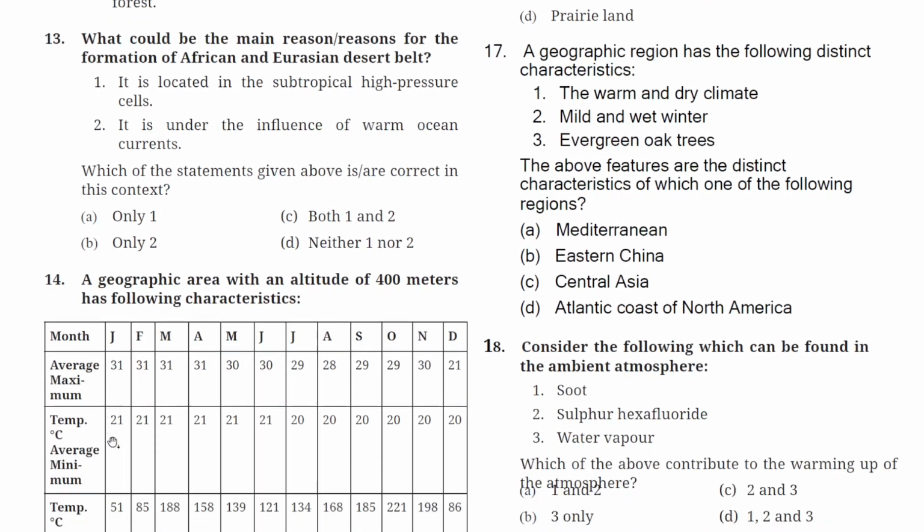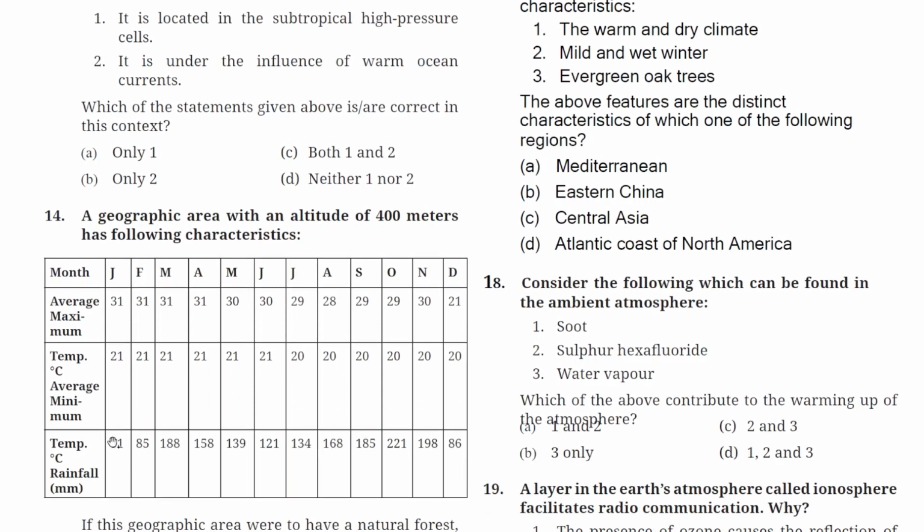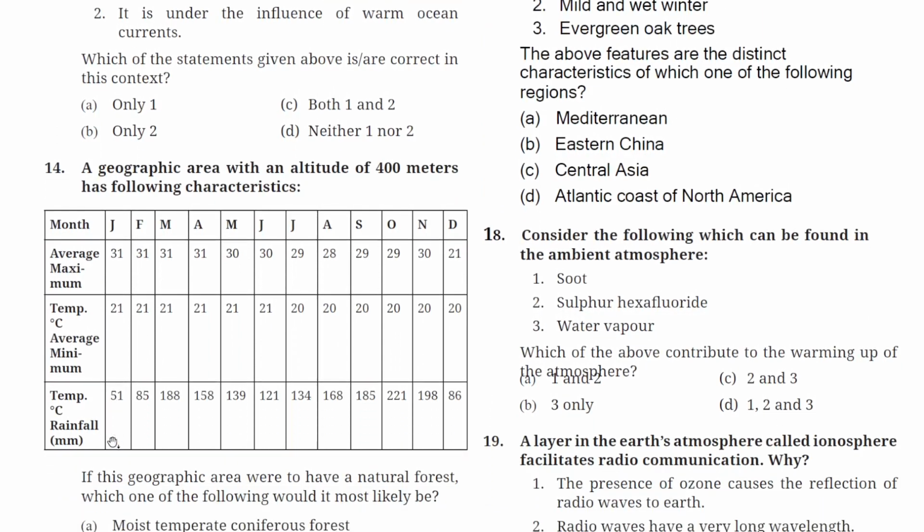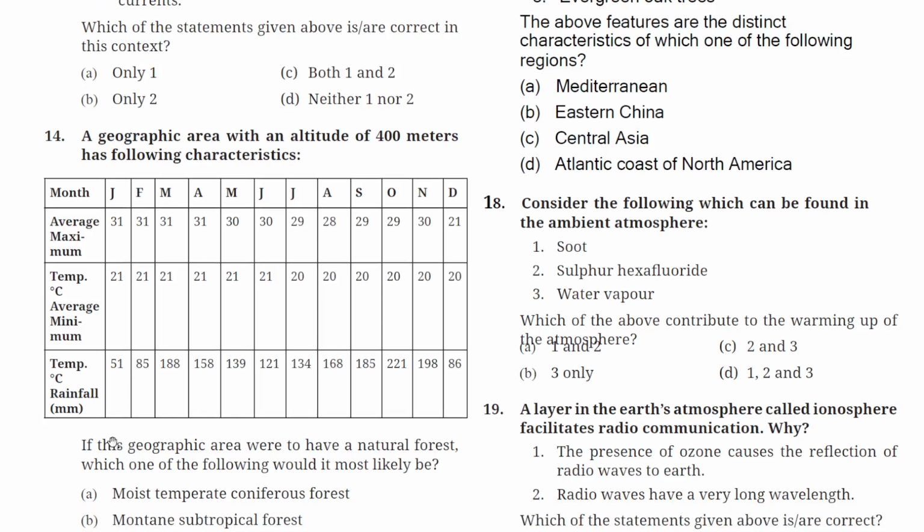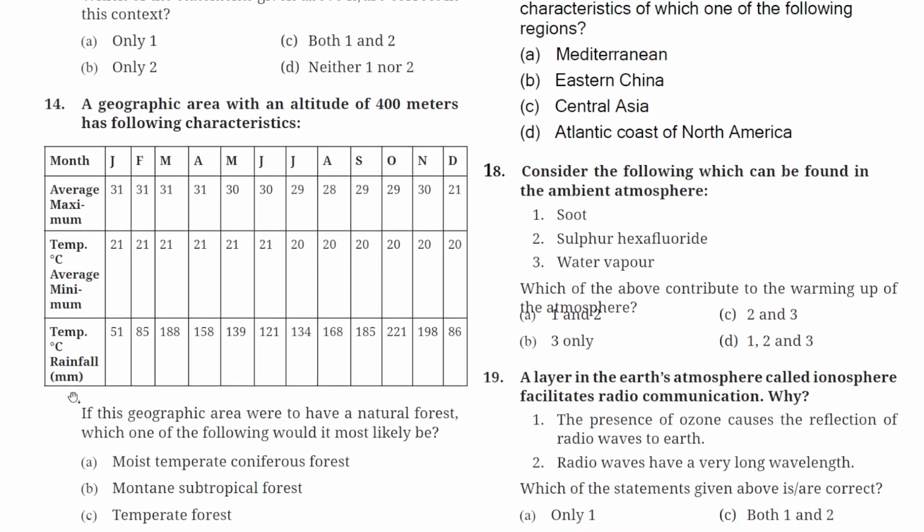So the 14th question seems very different, but it can be easily deciphered. A geographic area with an altitude of 400 meters has the following characteristics. You can see the characteristics of average maximum temperature, average minimum temperature, and rainfall. So January, February, March, all the months are given here.